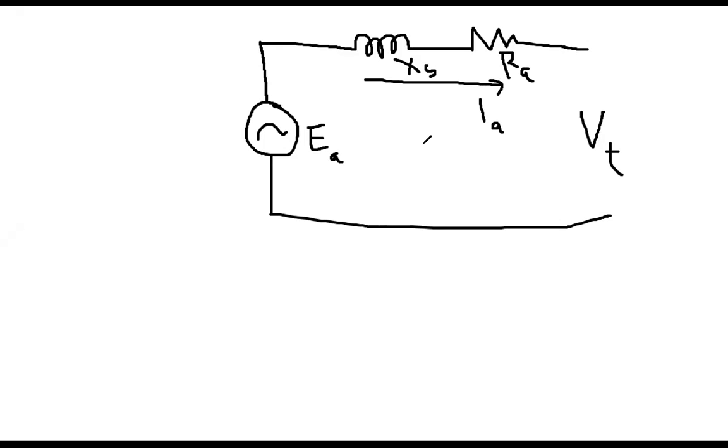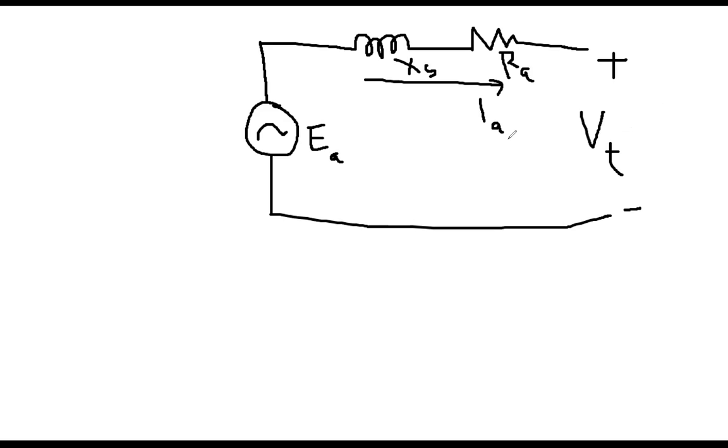If you remember the synchronous generator equivalent circuit, this was it. The current direction was towards the terminal. This was the internal voltage, but there was some drop, IARA plus jIAXS, and this was the terminal voltage, which would be available to the customers or to the grid.